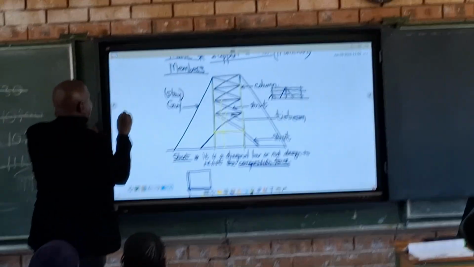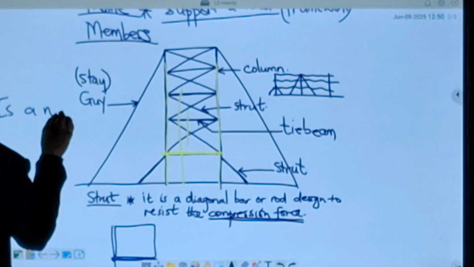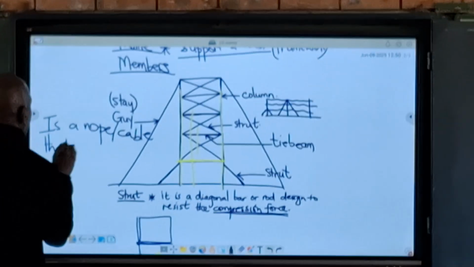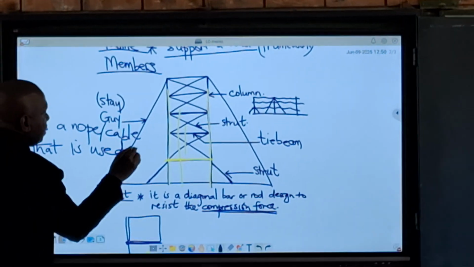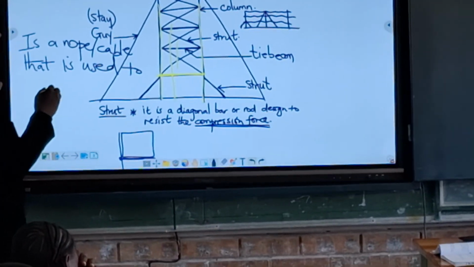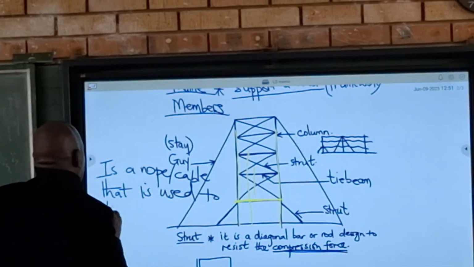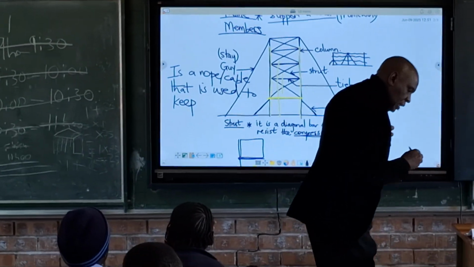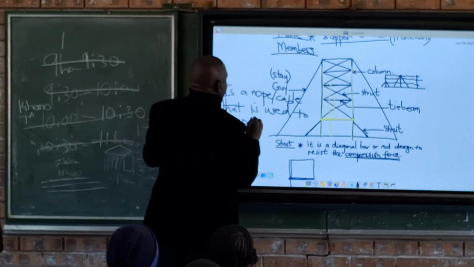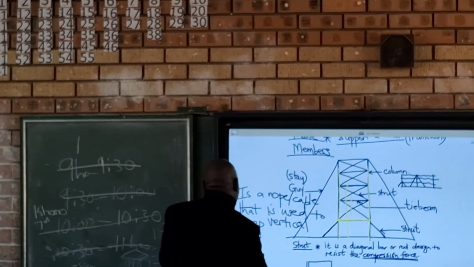A guy is a rope or a cable that is used to keep a vertical structure upright.